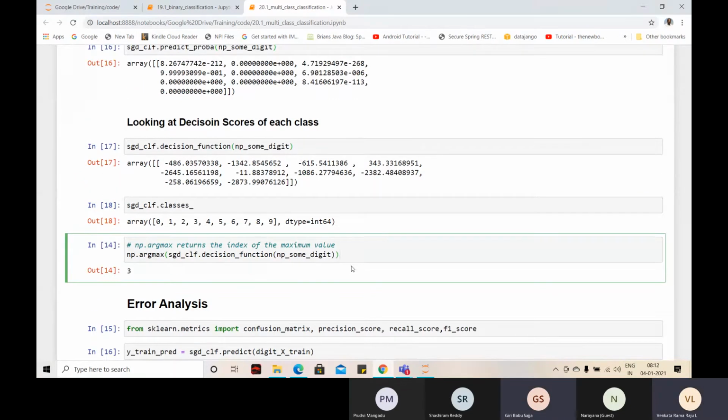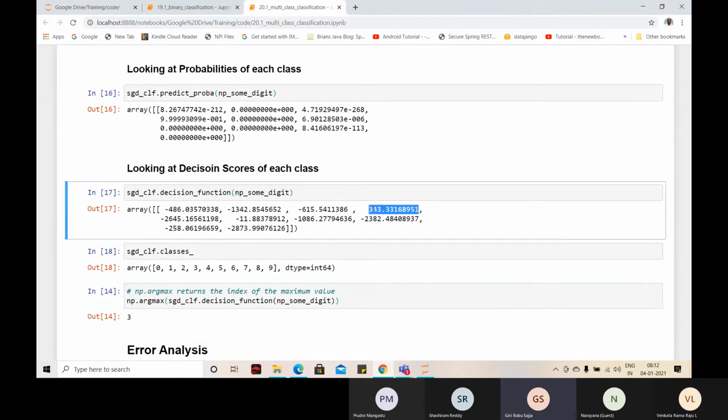Sir, actually, the decision function outcome is not much use to really take a final decision, but the probability will be the real useful thing. Either one can be used, either probability or the decision score.